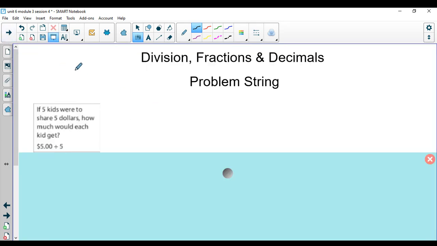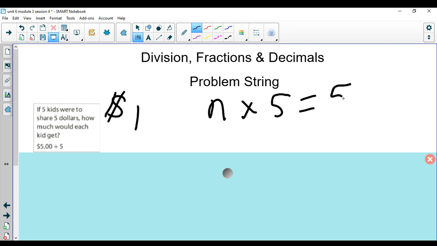So here's the problem string. The first part says, if 5 kids were to share $5, how much would each kid get? So most of you can see if you're dividing $5 by 5 people, each person would get $1. Some of you see this as not necessarily a division problem, but more of a multiplication problem.